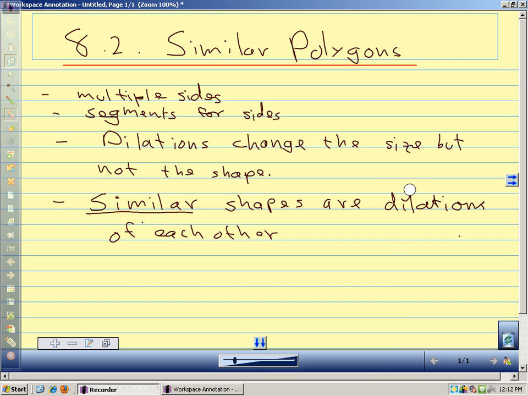And we need to figure out what that tells us about the shape. If two shapes are dilations of each other, they're similar. Well, what does that mean?